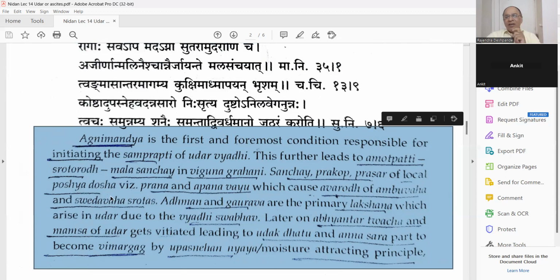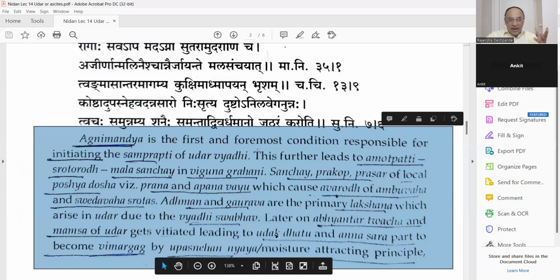Fluid is accumulating in the peritoneal cavity. So where is the fluid from? Fluid is from ambu srotas, fluid is from svedavah srotas. Are you getting it? Adhman and Gaurav, heaviness, gas will be there. These are the Lakshana which arise in the Udara due to the Vyadhi Swabhava.